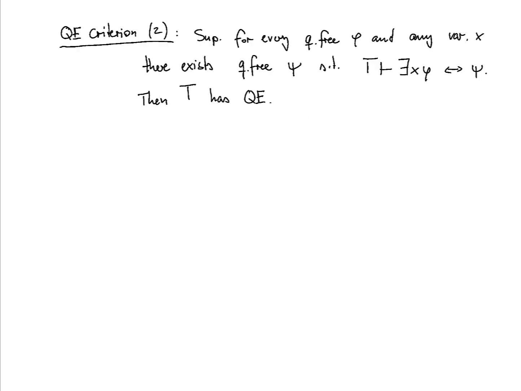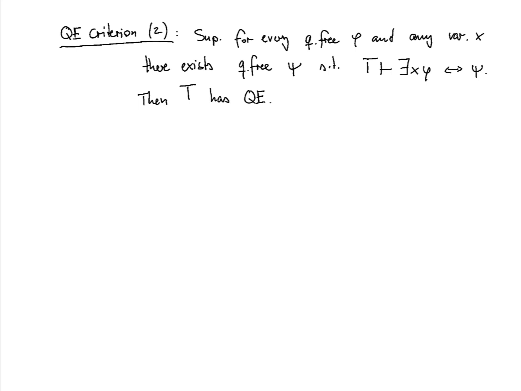Now we come to the second criterion. This criterion just tells us that it's enough to be able to eliminate existential quantifiers. So in particular, suppose for every quantifier free phi and for any variable x there exists a quantifier free psi such that T proves that exists x phi is equivalent to psi, then T has quantifier elimination.